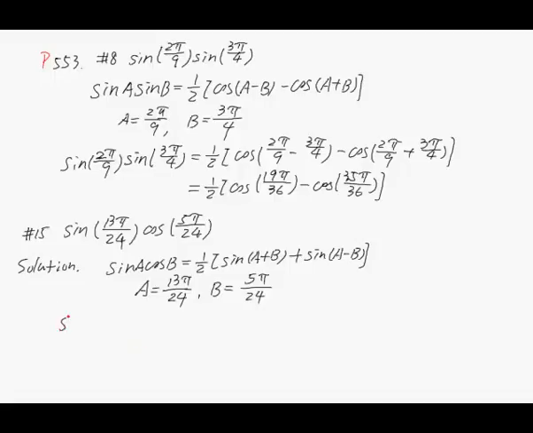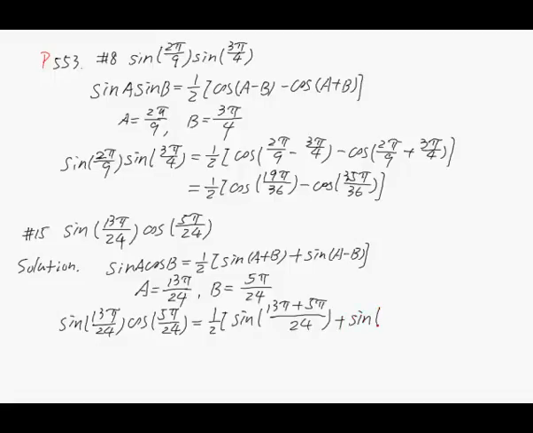So now you plug in 13 pi over 24 for A and 5 pi over 24 for B. You have 1/2 times sine of 13 pi plus 5 pi over 24, these two fractions have the common denominator, and plus sine of 13 pi minus 5 pi over 24.